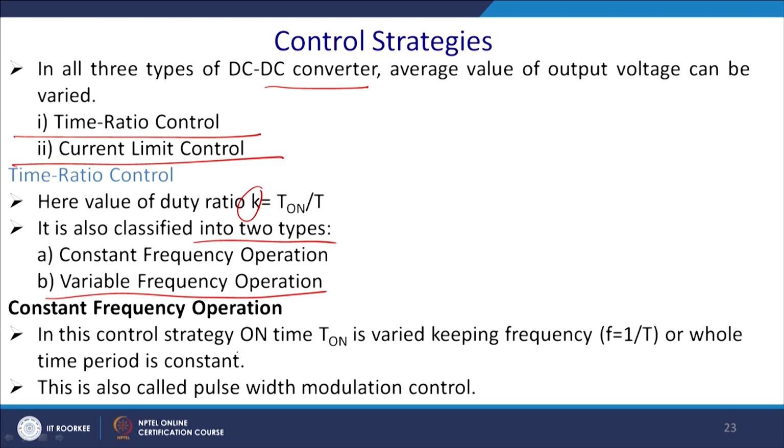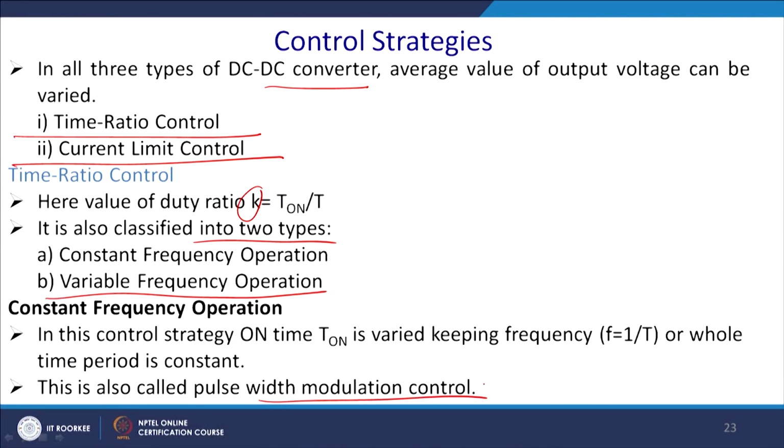In the constant frequency operation strategy, T on is varied keeping the overall frequency 1 by T constant, or the whole time period constant, and this is also called pulse width modulation control.